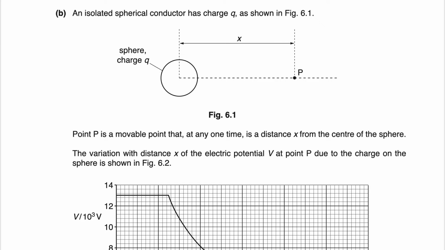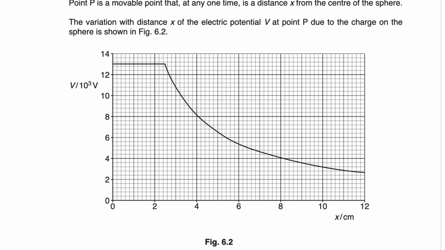The variation with distance x of the electric potential V at point P. So if we change P, then there is variation in electric potential V at point P, because it depends on the distance: Q by R, 1 by 4 pi epsilon naught, right? Okay, the recorded values are given in the graph. It's a nice graph.